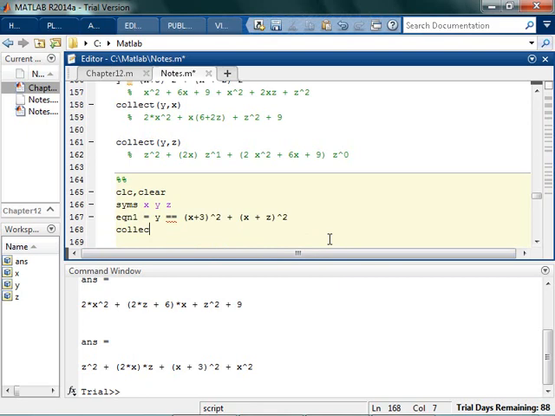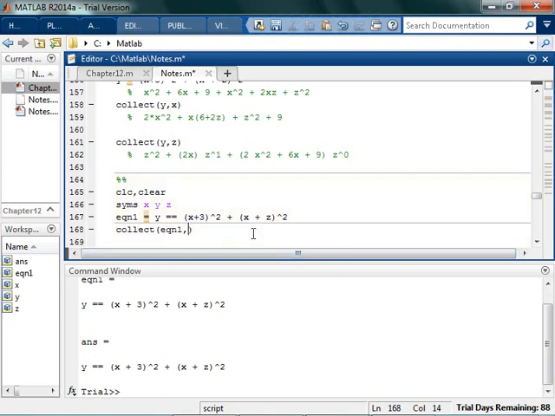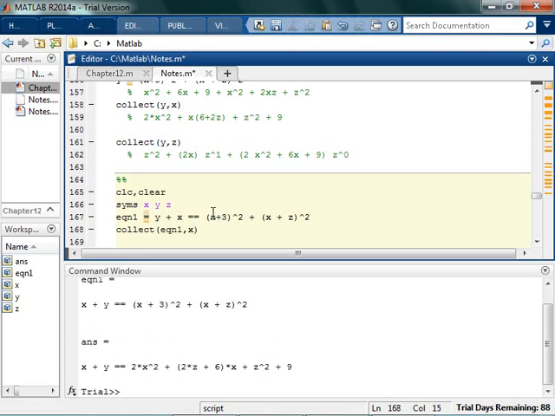And I'm going to collect equation 1, I'm going to collect the y's. Well, that's weird. Well, no, actually that makes sense. Let me collect the x's. Okay, let me collect the z's. Okay, so what if I make it a little different? What if I say z y plus x? What if I collect the x's? Okay, it's just going to collect them per side, it looks like.